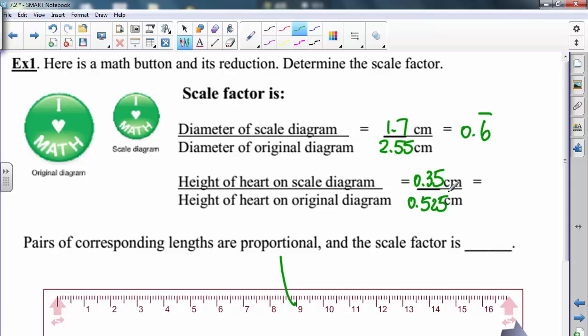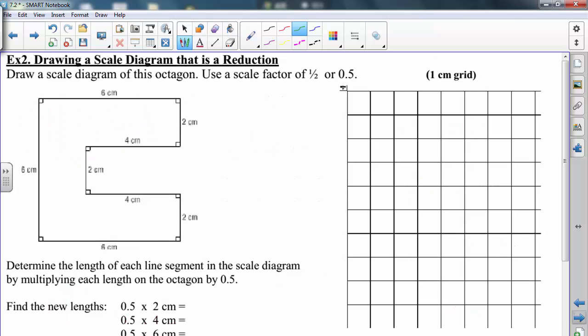And 0.35 over 0.525 is around 0.666 again. If I want the exact value, this one is 0.6 repeating bar. So pairs of corresponding lengths are proportional because these two ratios are equal. And the scale factor is 0.6 repeating bar.